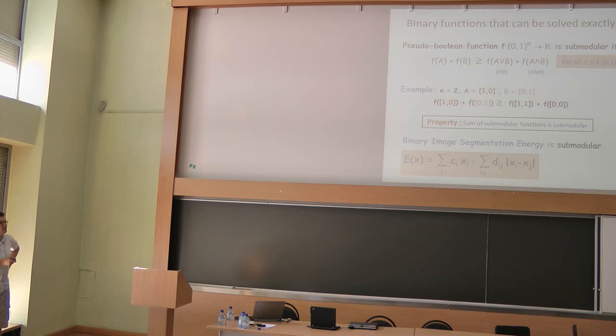So as long as the weight D is positive, the submodularity condition is always satisfied. And since here is a sum over all these submodular terms, the energy is also submodular. And we will see in the next lecture that this function can be globally optimized with graph cut, by converting it to a network flow problem, and then it can be solved globally optimally.